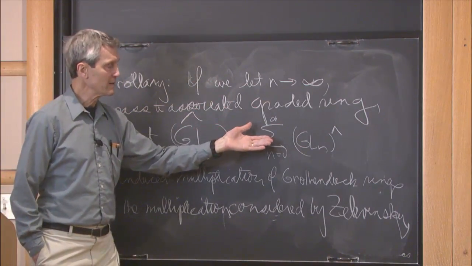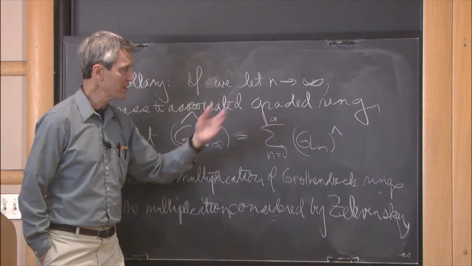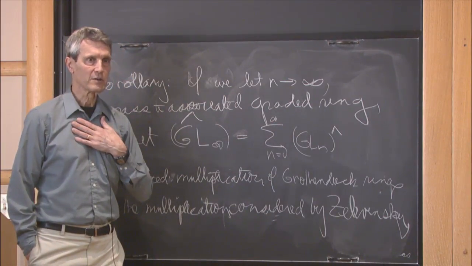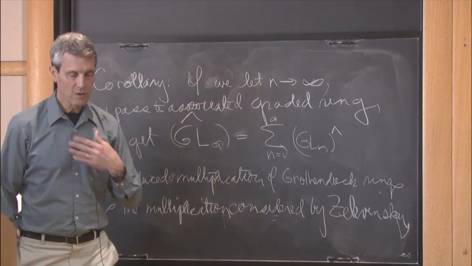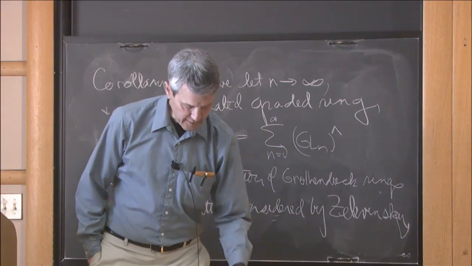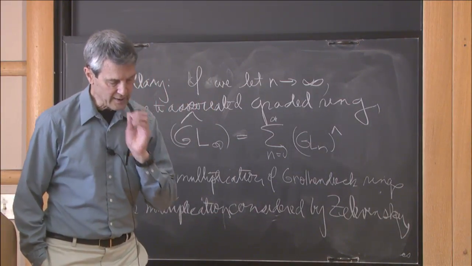These structures are all stable as you go out to infinity, and you get exactly Zelevinsky's structure. So this has actually appeared in the literature in that kind of a disguise.